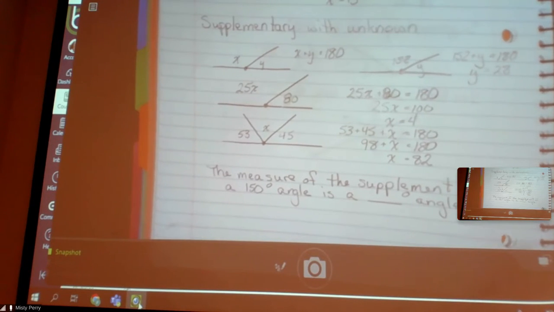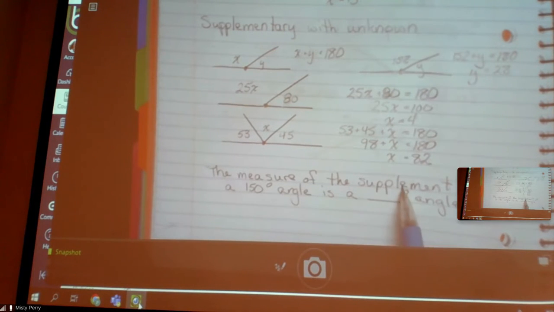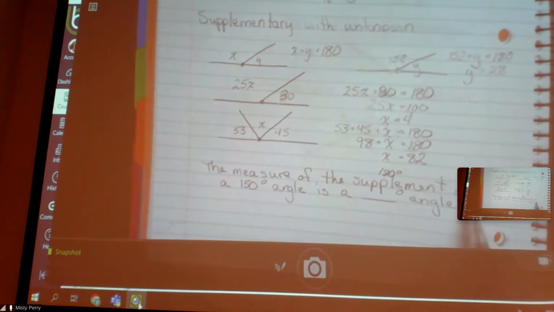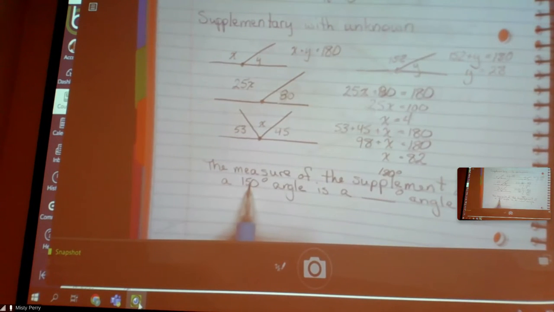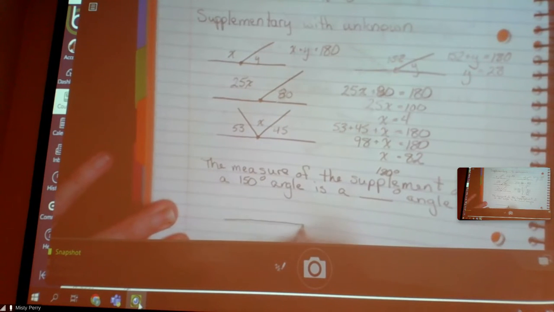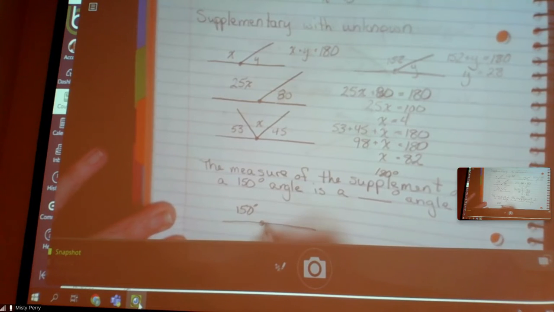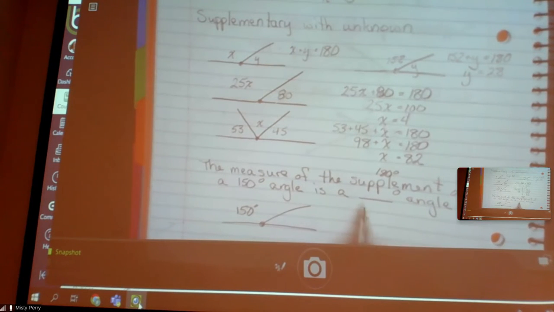Okay, so this is what it looks like in words. The measure of the supplement, so we know we have 180 degrees, of a 150-degree angle. So I know it's going to be a straight line. 150 is a blank angle.